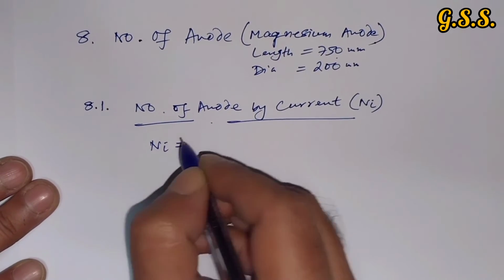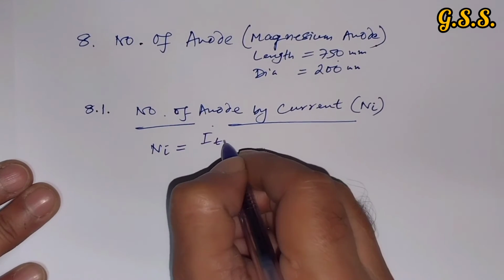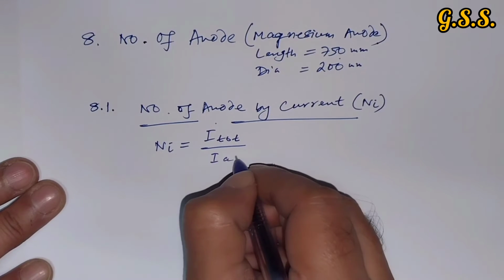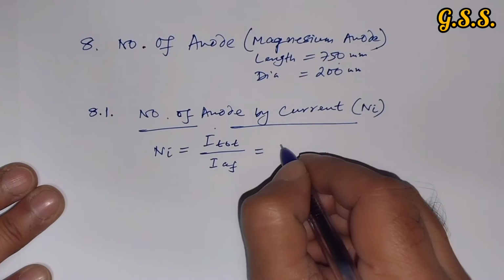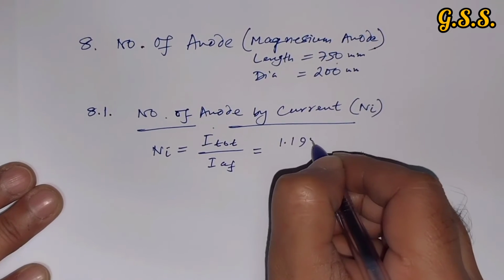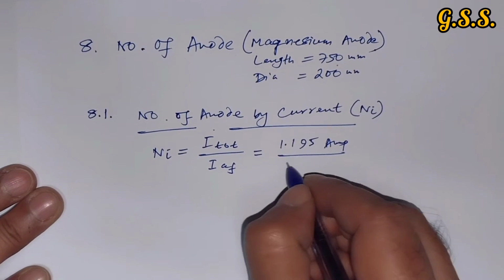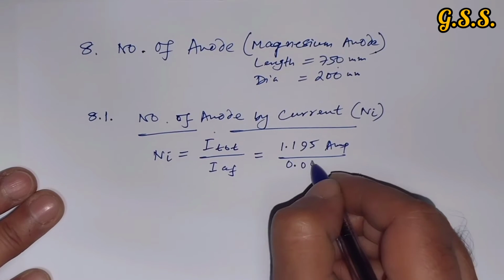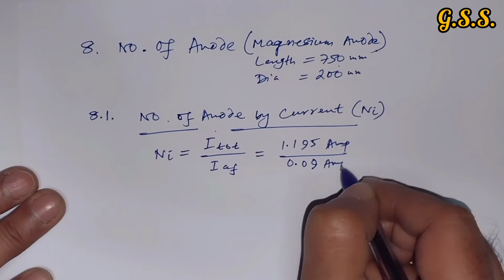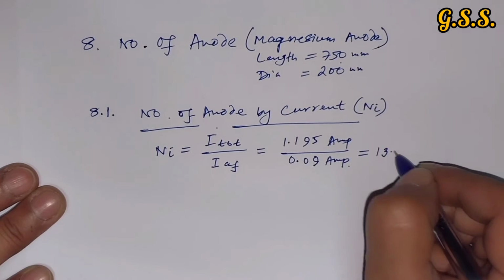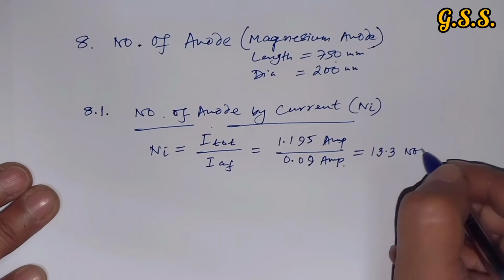Ni equals I total divided by IAF, equals 1.195 ampere divided by 0.09 ampere, equals 13.3 numbers.